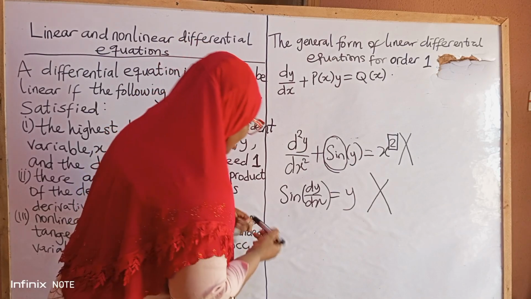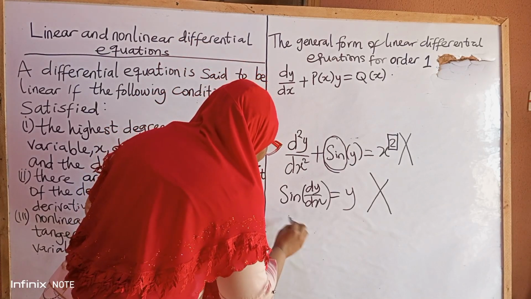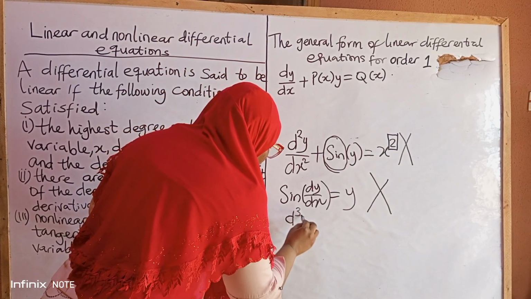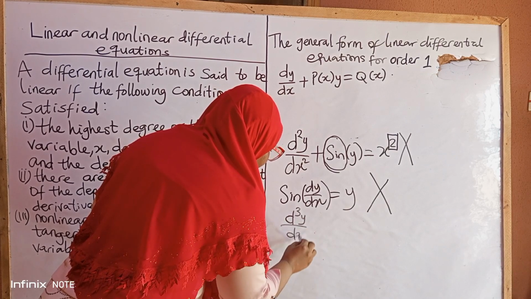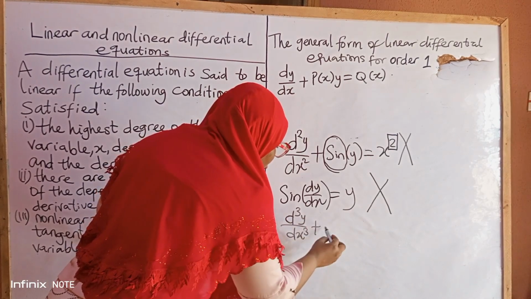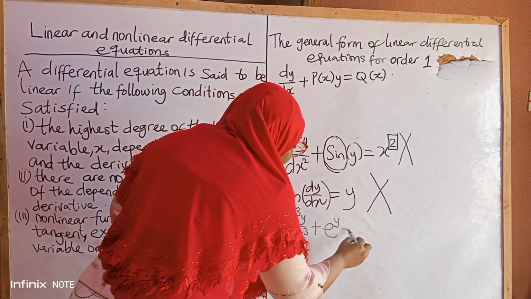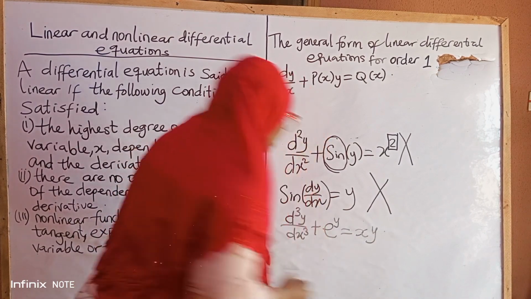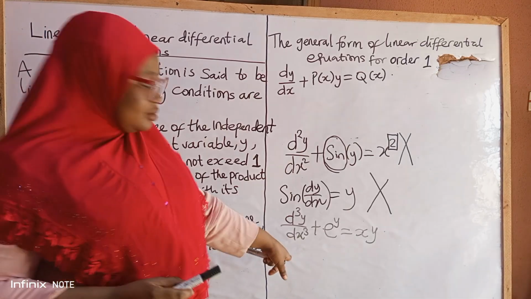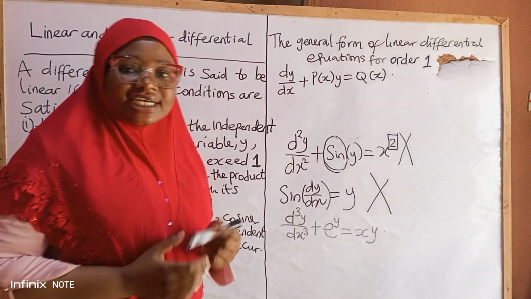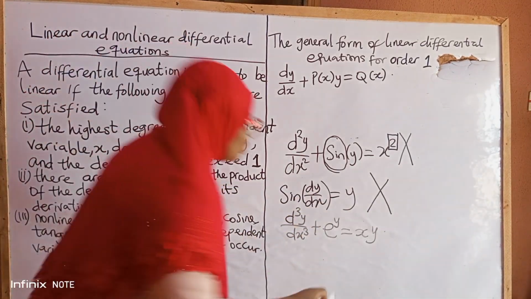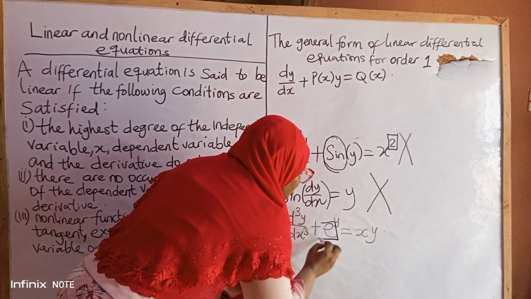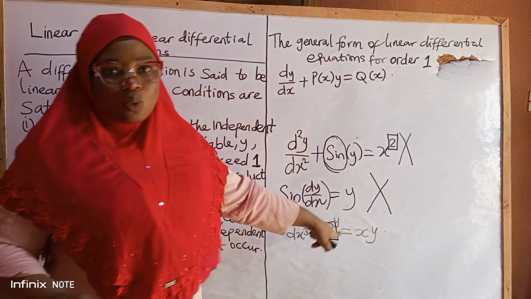Another one we can still have, let's say we have (dy/dx) whole cubed plus exponential y equals xy. So is this one linear? It is not a linear differential equation. Why? Because we have the exponential of y.